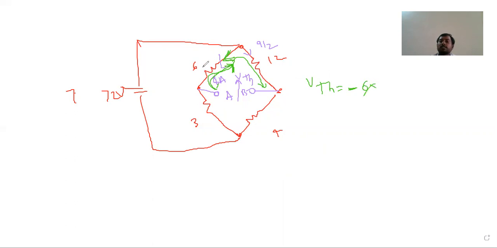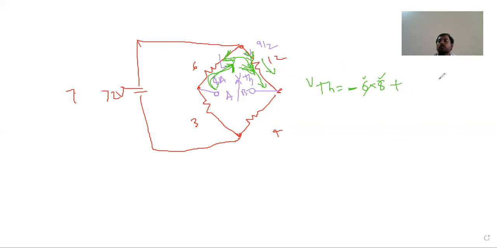The voltage across the 6 ohms is equal to IR, where I is 8 and R is 6. Now look at this path. The path direction and the current direction through the 12 ohms are the same, so we should take it as positive.